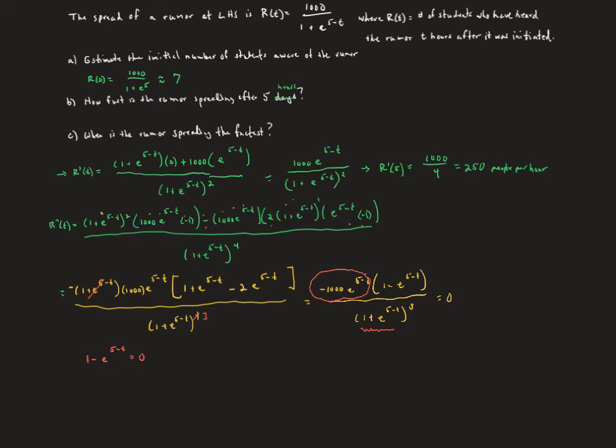That's the only place that second derivative could be 0. And so that means that 1 is equal to e to the 5 minus t. And so that means that an exponential e to a power is 1 only when that exponent, 5 minus t, is 0. And that means that t is going to be 5. Now that's where it's equal to 0.